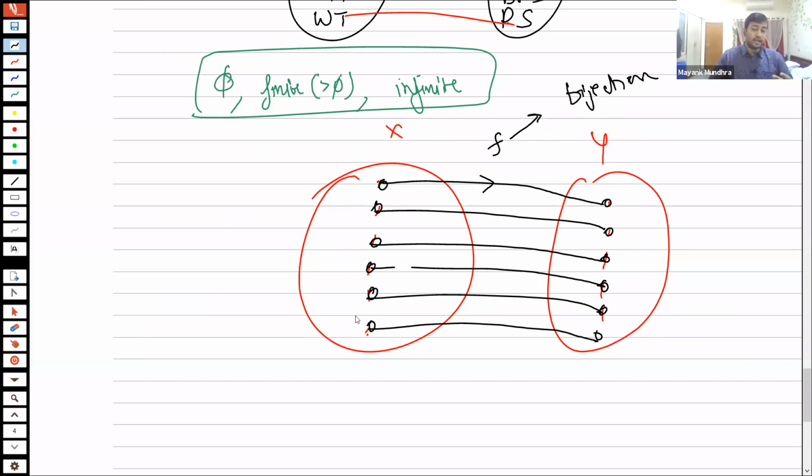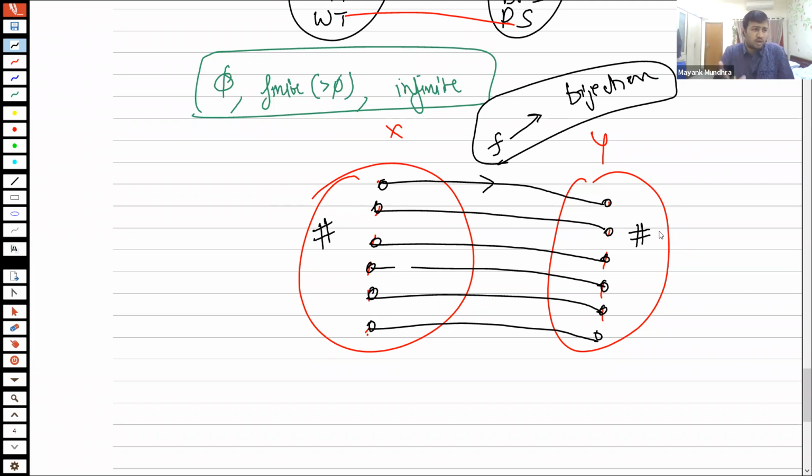I don't care whether the number of elements is 10 or 100 or 1000 or a billion. If there is a bijection possible from one of the sets to the other, then the number of elements here has to be equal to the number of elements there.